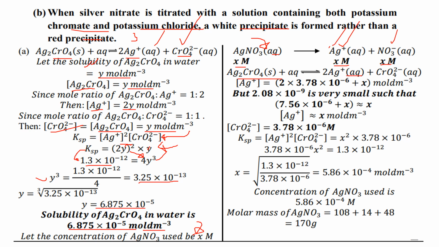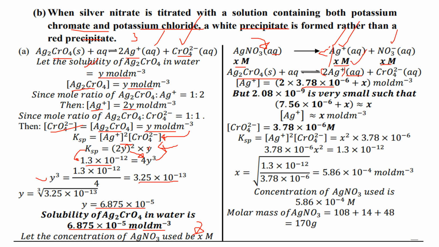Now notice that here we are having common ions of silver. That means that total concentration for silver ions is going to be the concentration of these silver ions, which is going to be 2 times the concentration of the silver ions that we got. So it's going to be 2 times 3.78 exponential negative 6 in the question, then plus this X which is coming from this solution.